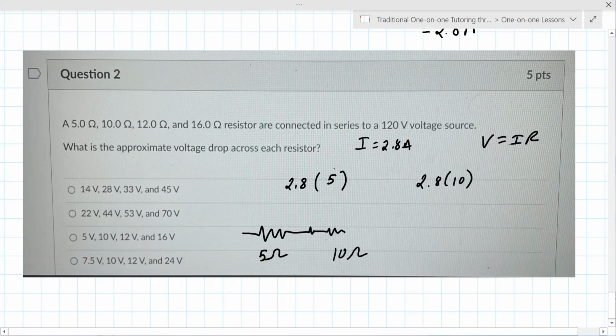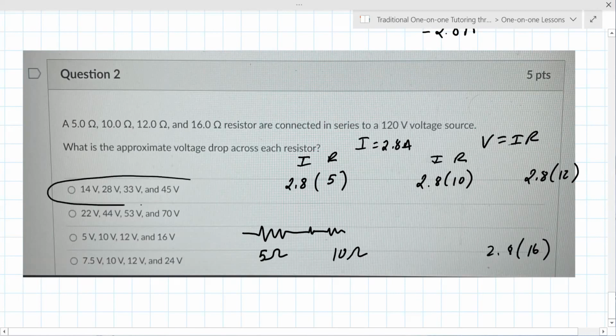We're just using IR again. And then it's 2.8 times 12 for the third one. And then 2.8 times 16 for the fourth one. So it looks like it's this right here. Okay.